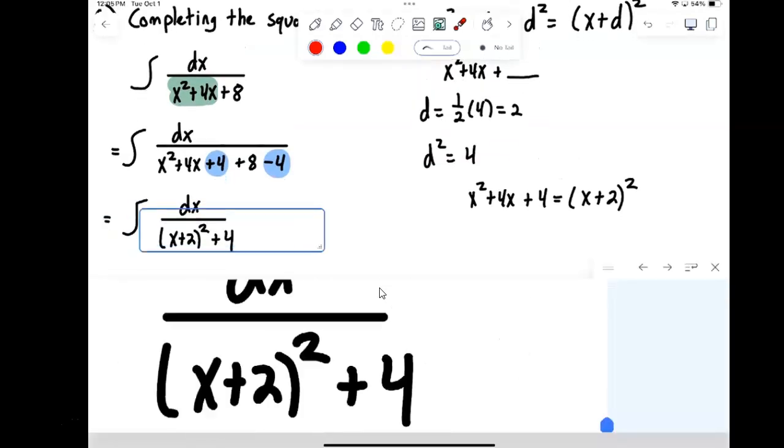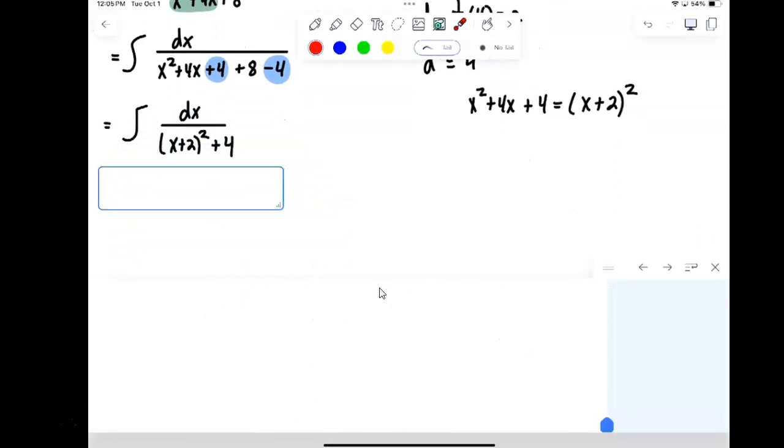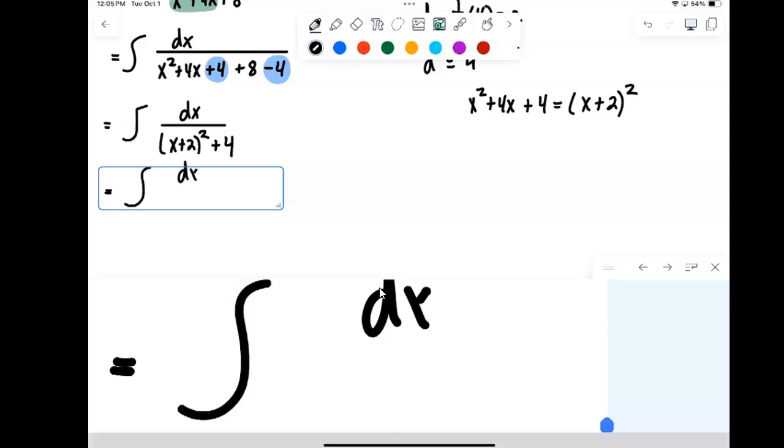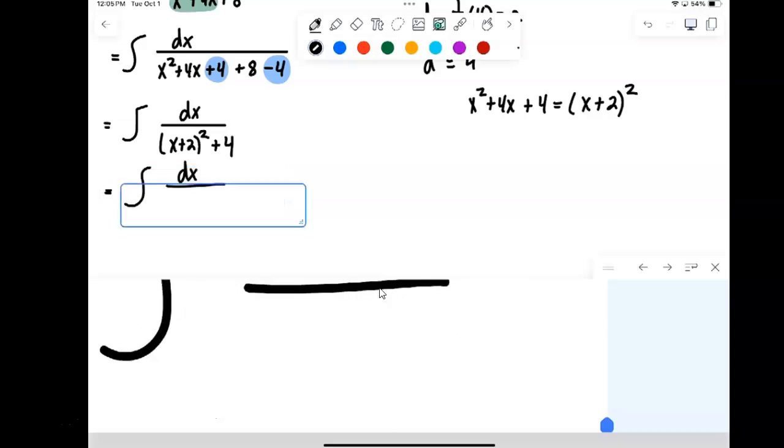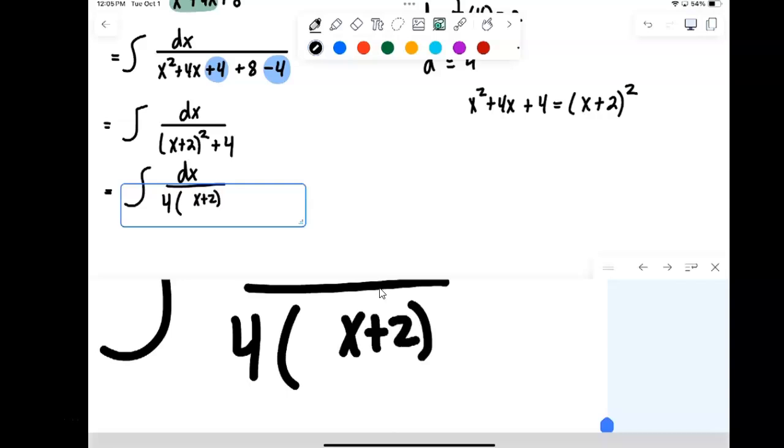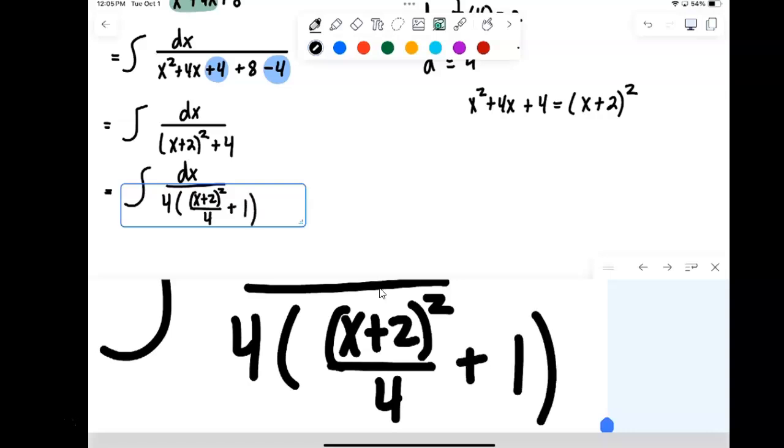So the first thing I do is factor 4 out of both of those. Of course, when I factor a 4 from the x plus 2 quantity squared, I'll have to be dividing by it, and that'll make that +1.